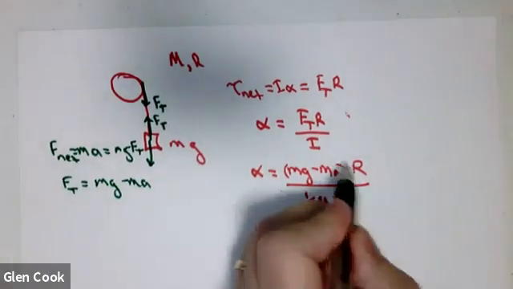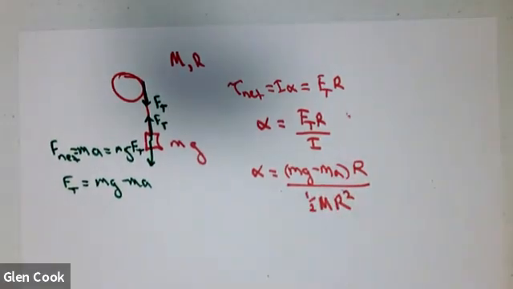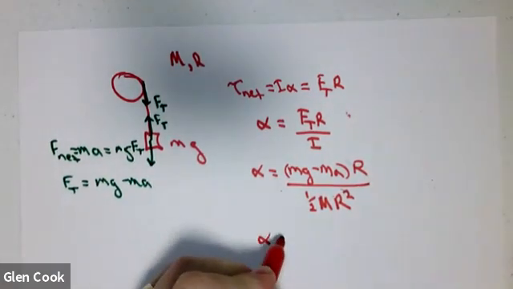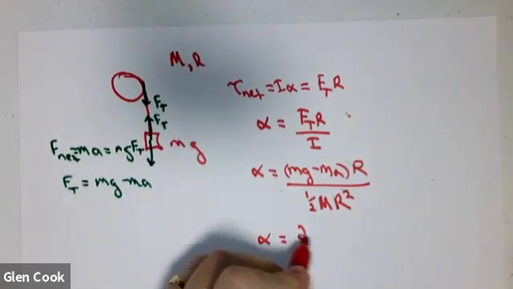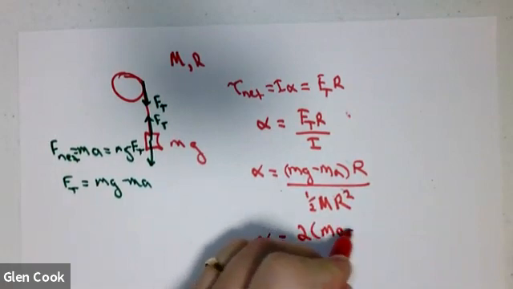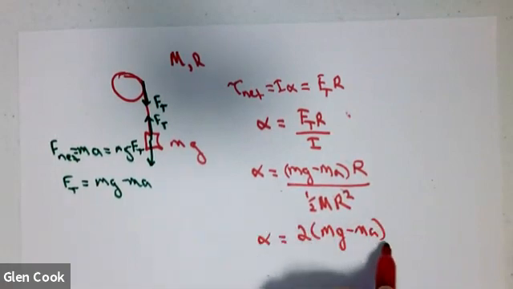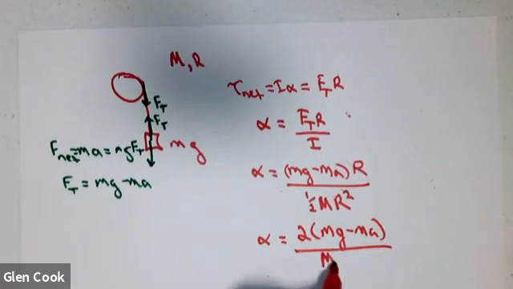One of the r's divides out. Take the half, invert it, and put it up top. And so alpha would be equal to 2 times mg minus ma divided by big M r. That would be our theoretical angular acceleration.